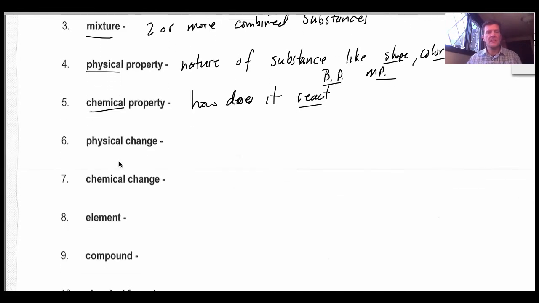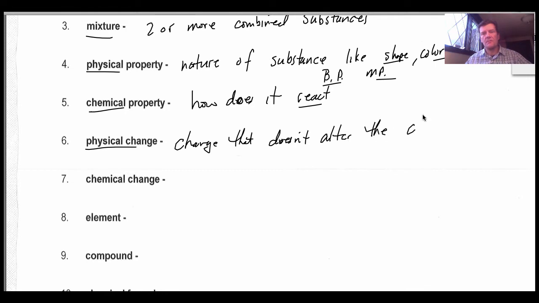Things like that. And then, of course, physical change is a change that does not alter the chemical makeup. Meaning, you might have a substance, you do something to it, but it's still the same substance.